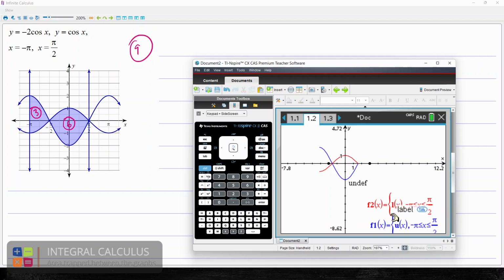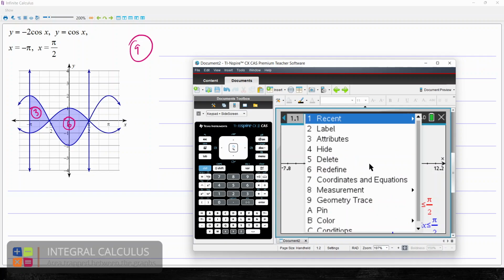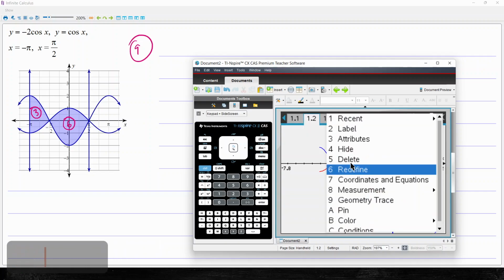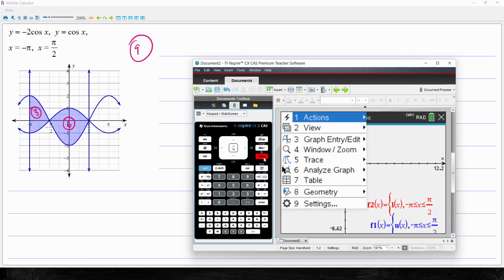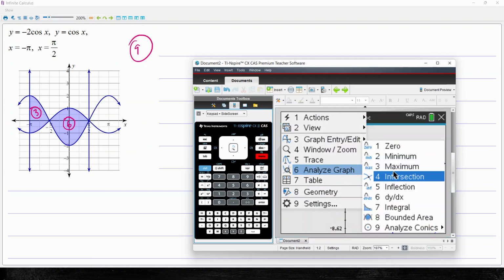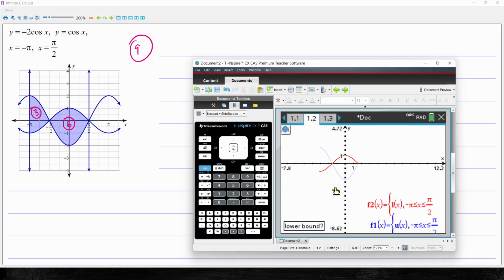And now we need to find the integral again. So let's delete these points. Bounded area, and from negative pi to pi over 2.